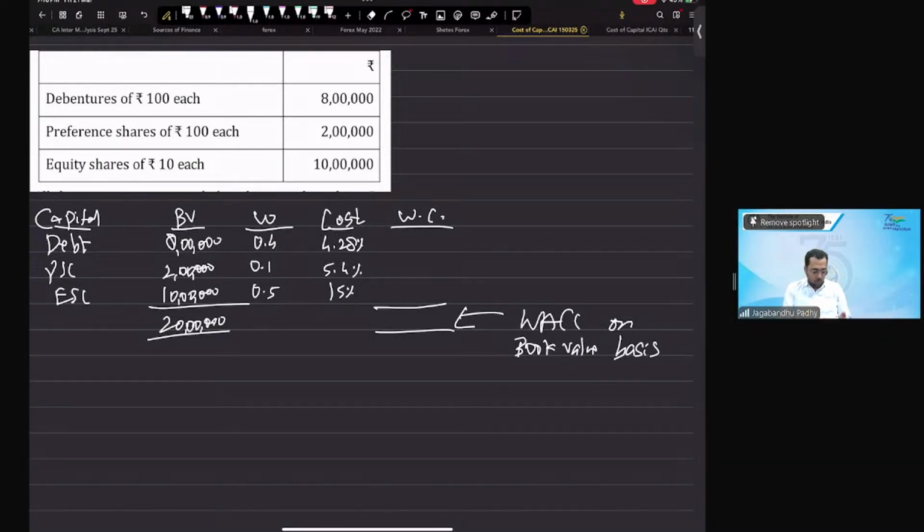Yep, 4.28 into 0.4, that is 1.712. Then 0.1 into 5.4, 0.54. 0.5 into 0.15, 0.075. If you just take a total, 1.712 plus 0.54 plus 0.075.